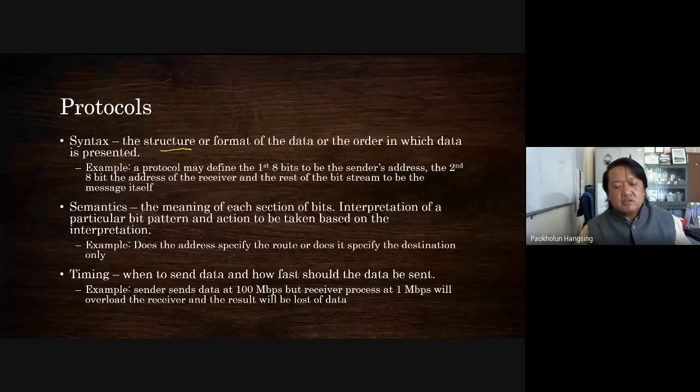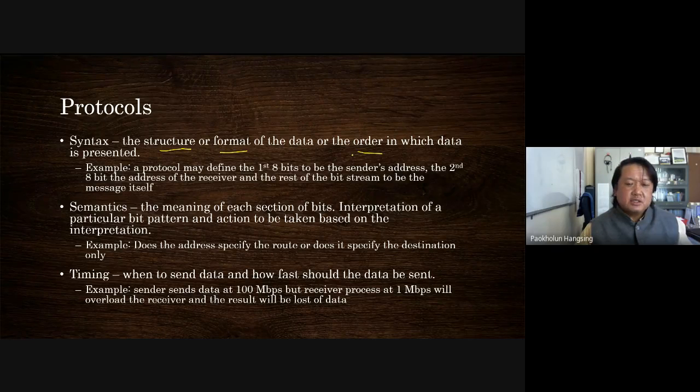So if data is to be transmitted, what should be the structure of the data? In what format is it to be, or in what order is the data to be presented? For example, a protocol may define the first 8 bits to be the sender's address.